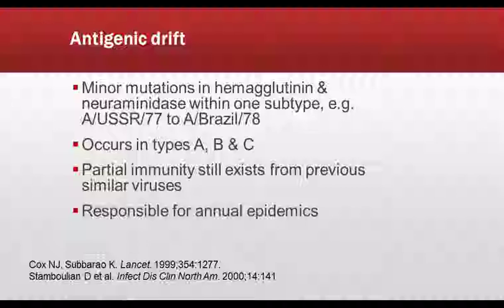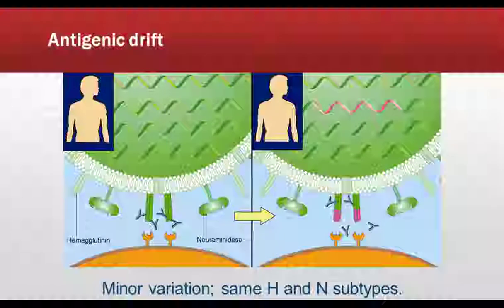Antigenic drift occurs in types A, B, and C influenza. We still have partial immunity from exposure to previous similar viruses, but it's this antigenic drift that's responsible for our annual epidemics of influenza.